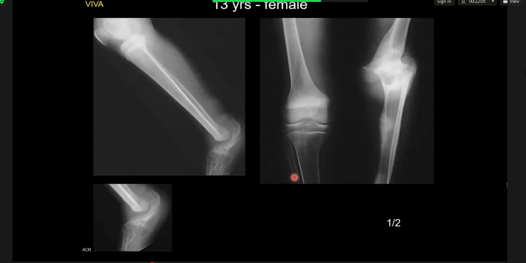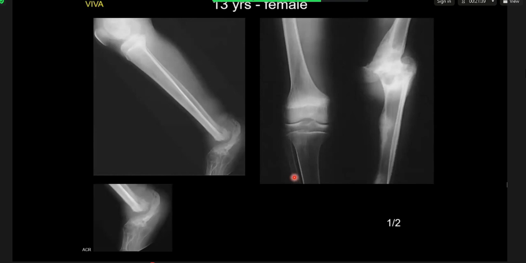The right joint appears to be preserved with no abnormality on the right hand side. So in summary, this looks like the patient has Charcot joint in the left knee and left ankle, and there's also increased sclerosis in the left tibia on the medial aspect with some irregularity.